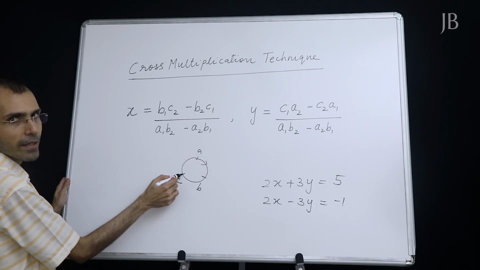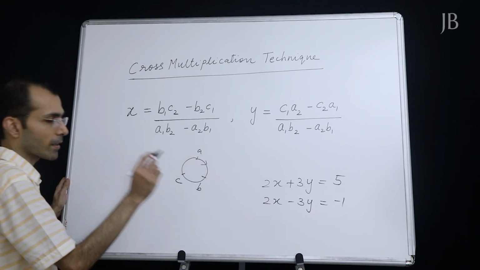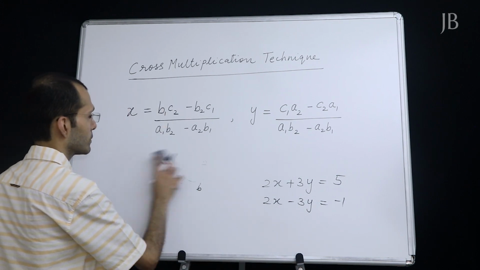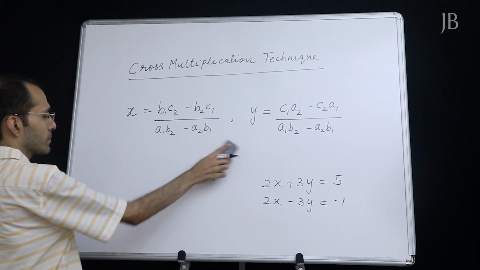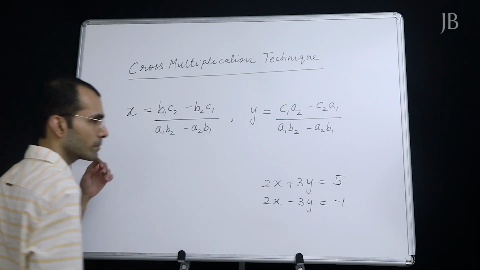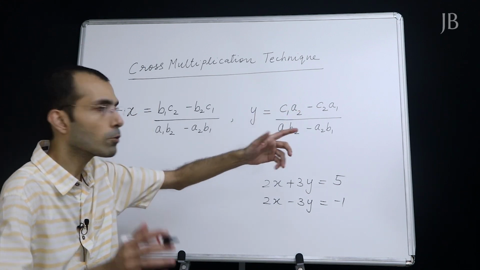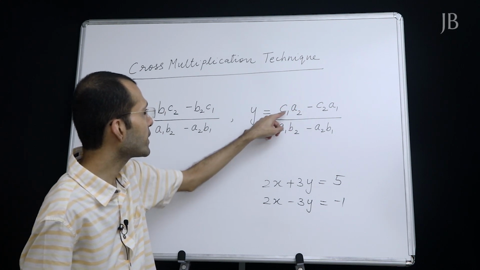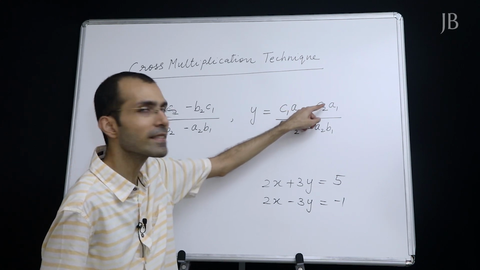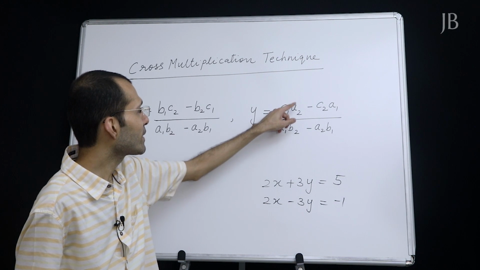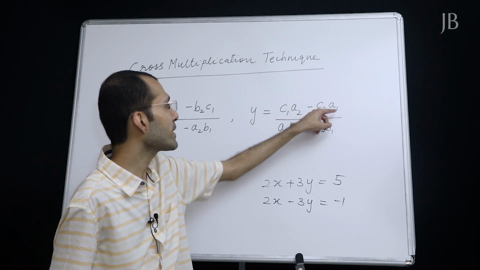So C we have taken, so we will take A now. So C1, A2, now thoda ulta, minus C ko 1 diya, C1, so now we will write this as C2. And this is A2, so we will write this as A1.